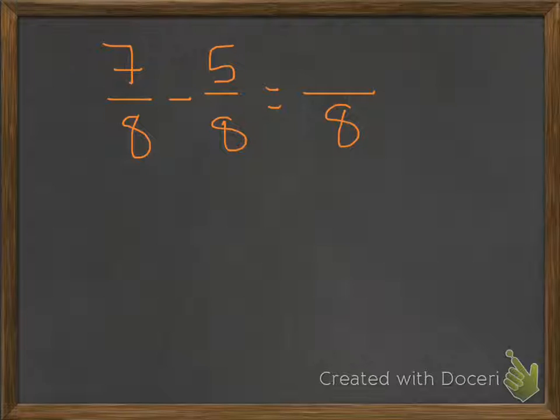If I have my first fraction, and we'll stick with like denominators here, 7/8 minus 5/8. My denominators are already the same, we'll keep that, and simply subtract my numerators. 7 minus 5 is 2. Ask yourself, can this be reduced?